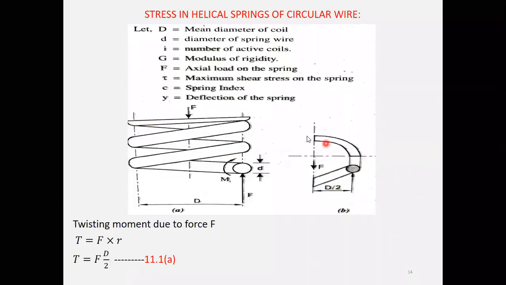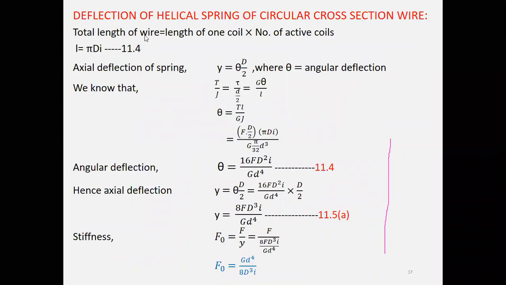For example, if this is the original wire, after that it will be coiled in a spiral way. You need to measure the total length of this wire. How to measure that? The total length of the wire is equal to the length of one coil.